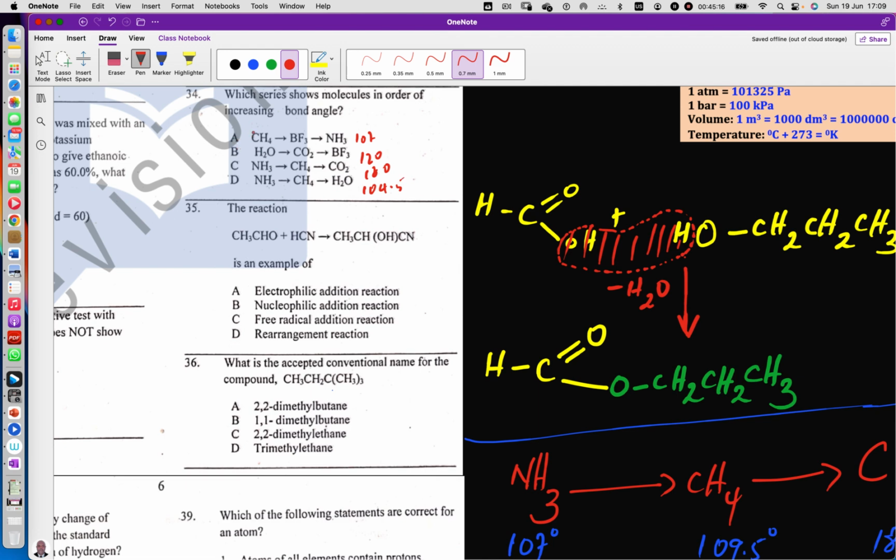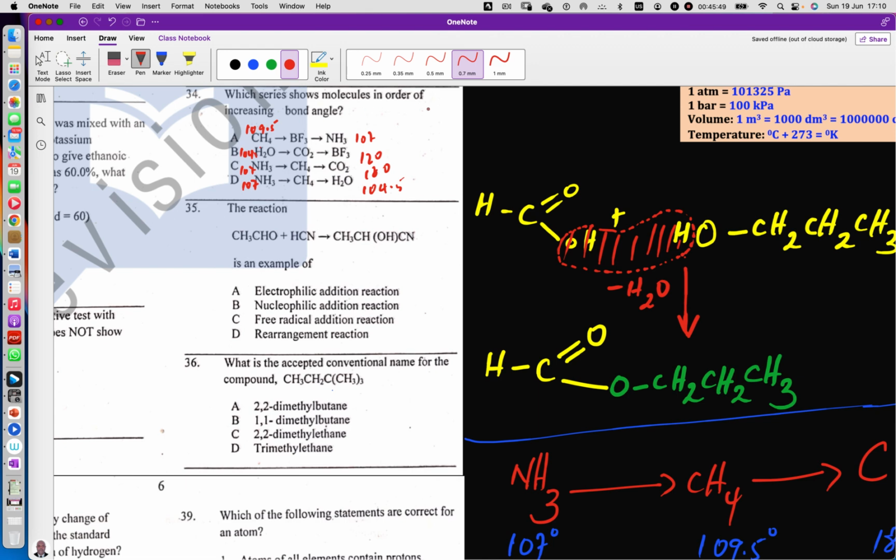Methane has a bond angle of 109.5. Water has a bond angle of 104.5. Ammonia has 107. Our question says, which series shows molecules in order of increasing bond angle?